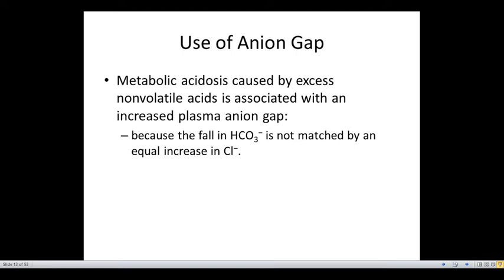Metabolic acidosis caused by excess non-volatile acids is associated with an increased plasma anion gap because the fall in bicarbonate ions is not matched by an equal increase in chloride ions.